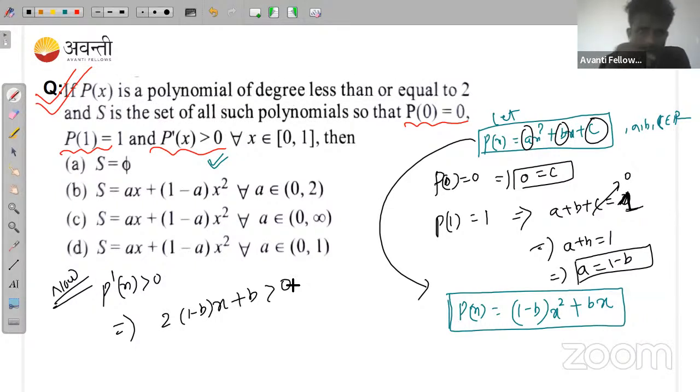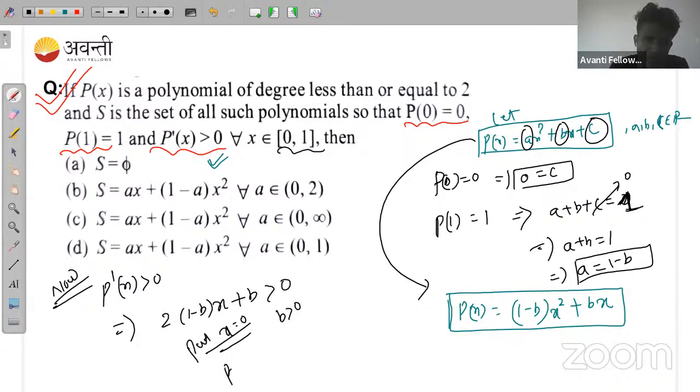Now it is asking for x belongs to 0 to 1. If you put x is equal to 0, what will you get? b is greater than 0. This one, the constant, is greater than 0.